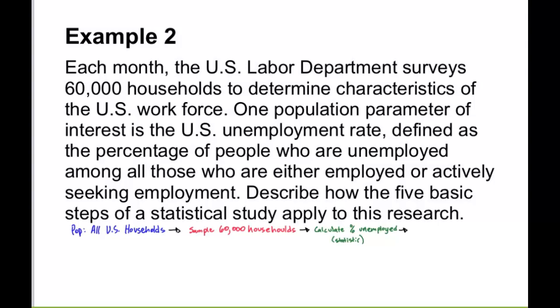And from there, infer that this is roughly, and I say roughly, hold on, roughly the unemployment rate for the U.S. that month.